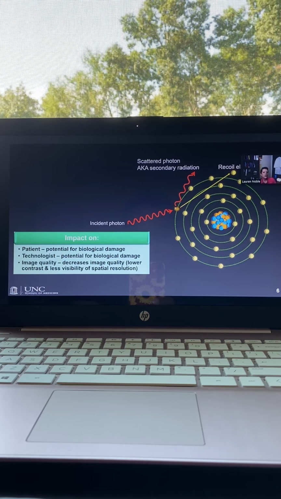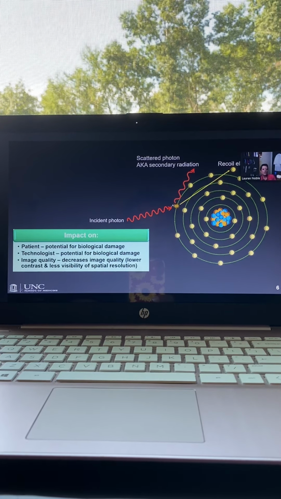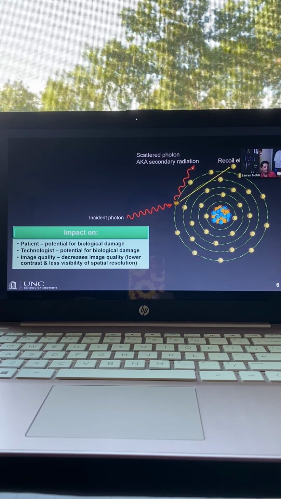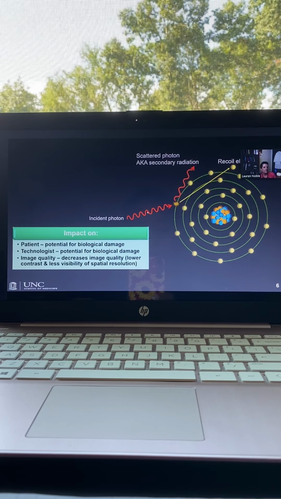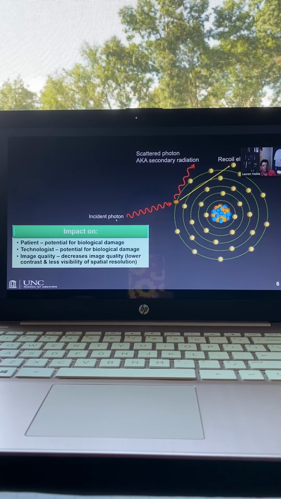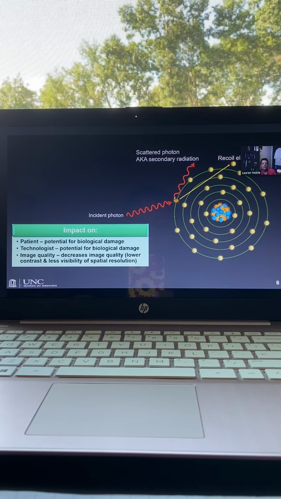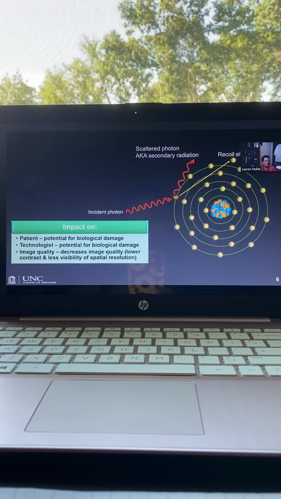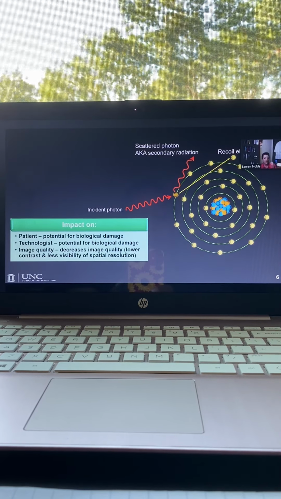Then what do you notice about the incident photon? Is there a change in direction? Yes, from the way it came in. Here's its direction initially, and there's a change in direction. And what else do you notice about it? It changes energy. There's a change in frequency. Why is there a change in frequency here?